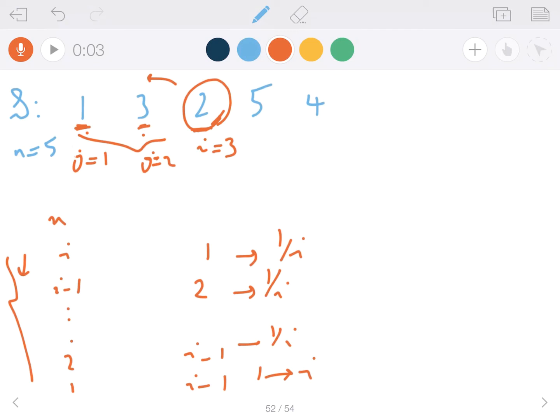Now for the average case, based on the probability, we have this. This is the number of comparisons.